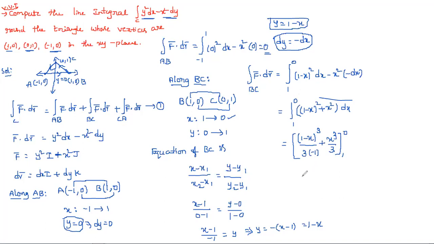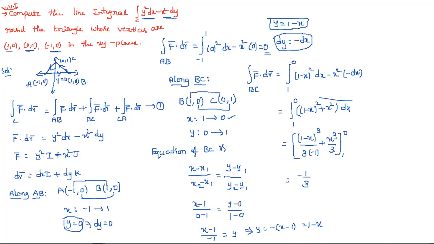If you substitute the upper limit first, x as 0, we get minus 1 by 3, and here this is 0. And next, if you substitute the lower limit, minus becomes plus, and 1 minus 1 is 0, and here we simply get minus 1 by 3. So this is minus 2 by 6, that is simply minus 1 by 3.